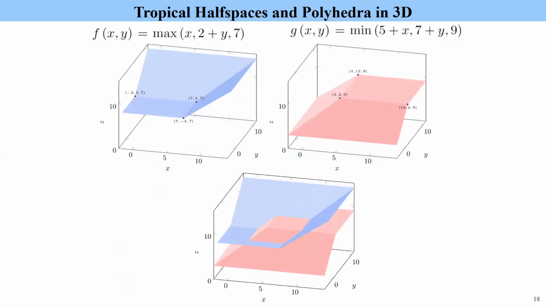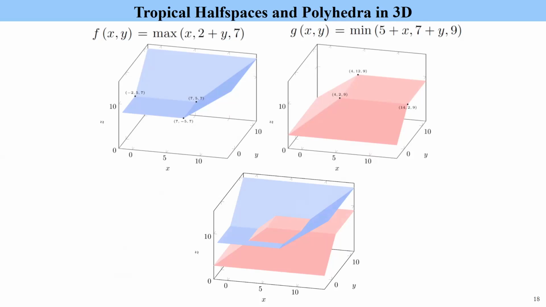And similarly, in 3 dimensions, you have a 2-dimensional max plus or min plus polynomial, like this F polynomial and the G polynomial, separating the 3-dimensional space into 2 regions, and intersecting some of these half spaces creates these compact polytopes, which in machine learning will represent for us decision regions.